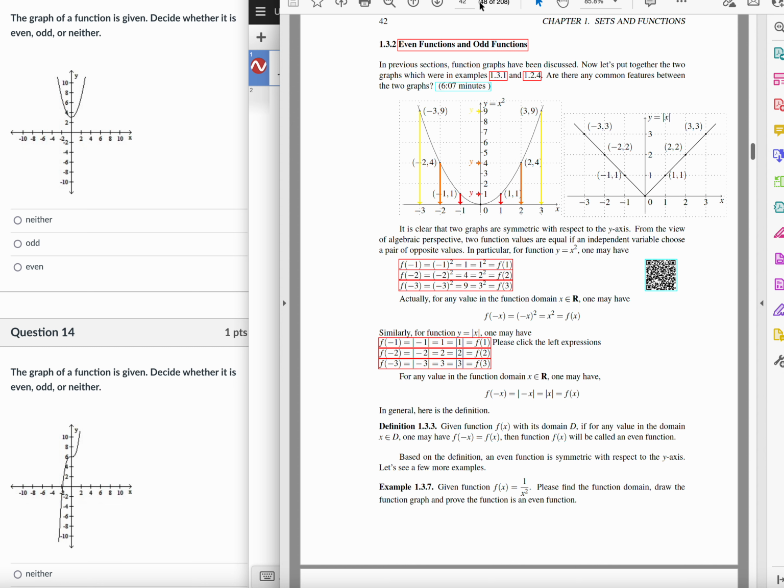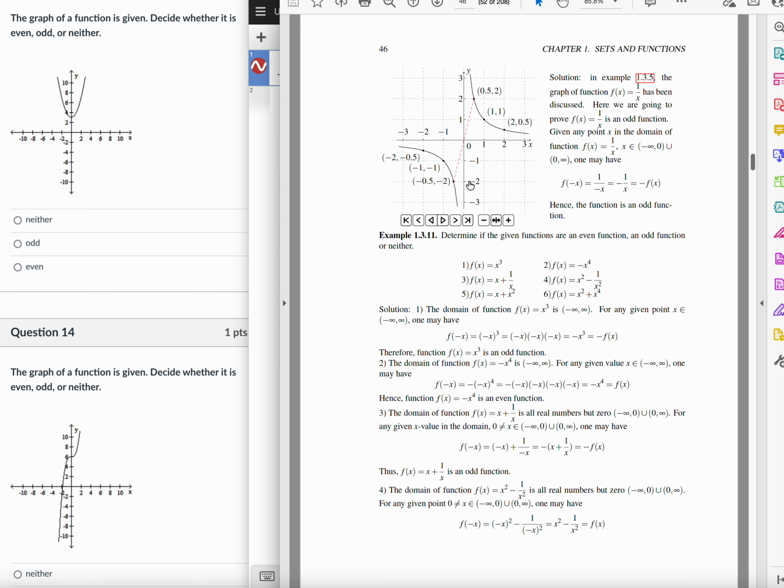Now let's see what's the meaning for the odd function. This one is typical. So when you plug in -0.5 into this equation, you have an x downstairs, 1 divided by -0.5, you have -2.